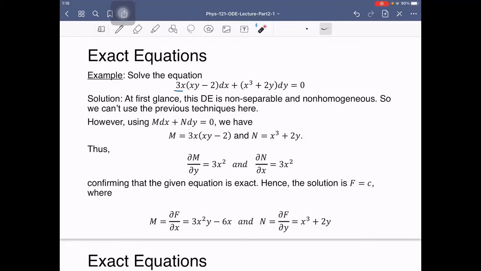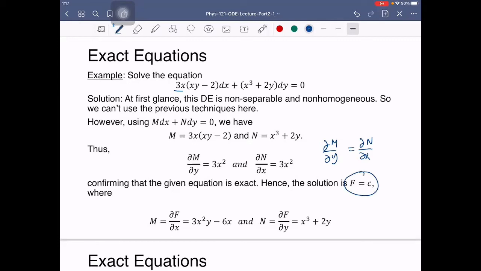And partial derivative of n with respect to x, magiging lang siyang 3x squared din. And you can see na equal sila, di ba? So, sabi nga natin sa theorem, if partial of m with respect to y is equal to partial of n with respect to x, yung equation natin is exact, di ba? So, therefore, yung equation natin ay exact. So, therefore, ang solution niya, di ba, yung constant lang.